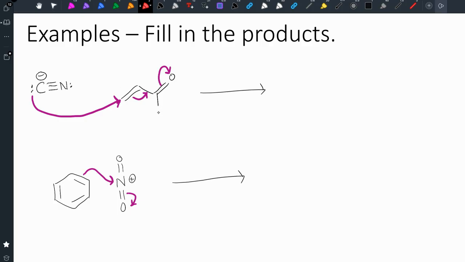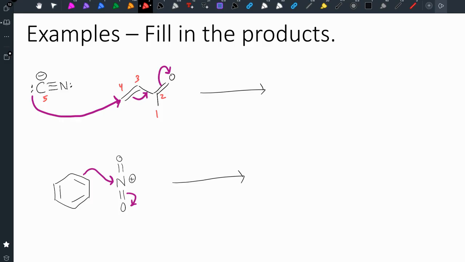So I might number my atoms here, 1, 2, 3, 4, 5, so that I can keep track of them in the product. The bigger the molecule is, the more helpful numbering is. So that is a go-to technique that organic chemists use all the time, and I strongly recommend it.